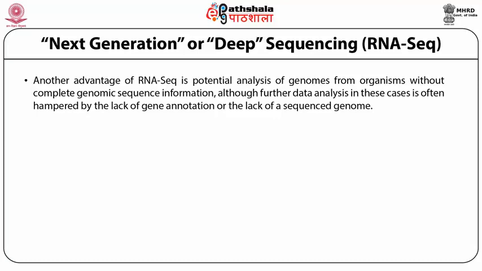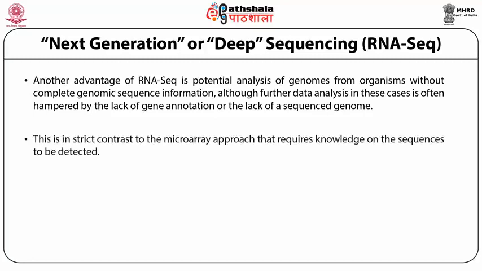Another advantage of RNA sequencing is potential analysis of genomes from organisms without complete genomic sequence information. Although further data analysis in these cases is often hampered by the lack of gene annotation or the lack of a sequenced genome.